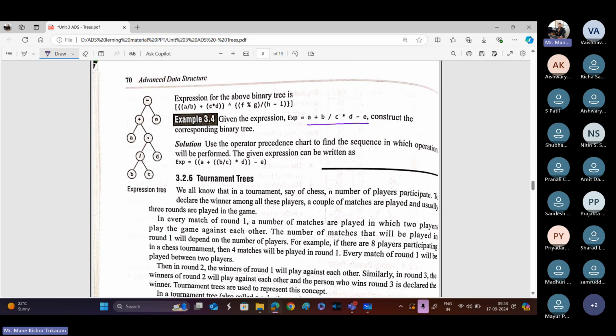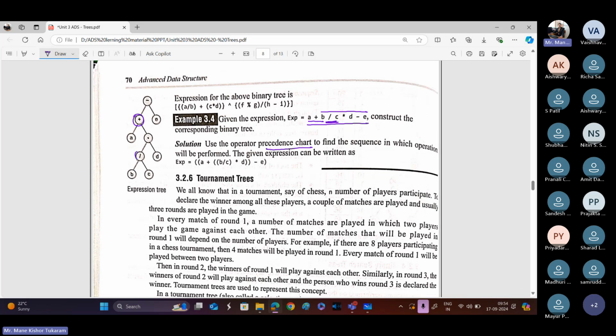This particular example doesn't have any brackets. So in that case, we have to refer to the precedence chart. Precedence chart means what? Multiplication and division have more weightage than plus and minus signs. We use that concept while designing the tree. We start with a plus b. Here plus operations are there, but inside this, the most preceding operation is b upon c.